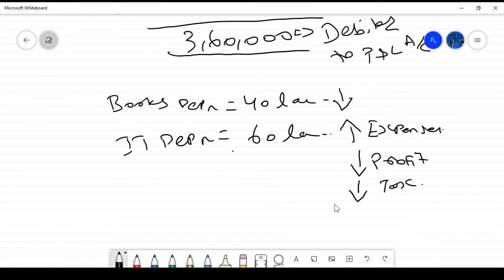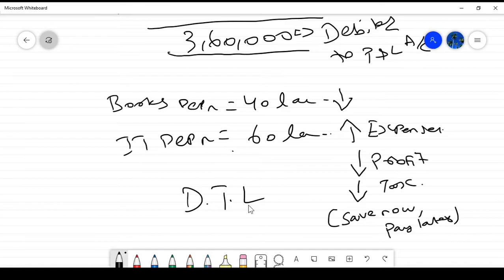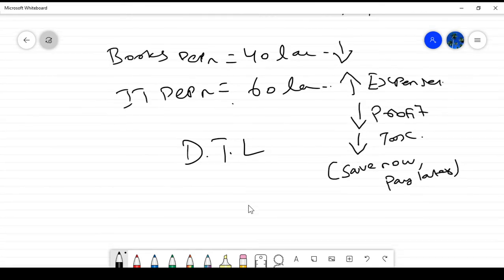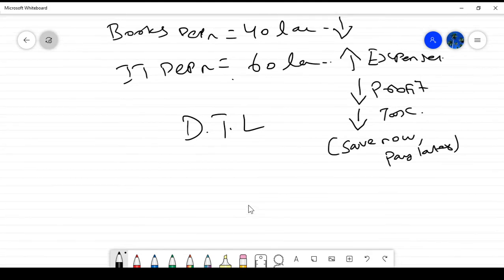If I pay less tax, then that is save now, pay later. Then I need to create deferred tax liability, correct? To neutralize the profit, to neutralize my taxation, I have to create my deferred tax liability. Book adjustment, I have to do the book adjustment. This is one aspect. For this thing I have to create deferred tax liability. First item, I have to create deferred tax liability.